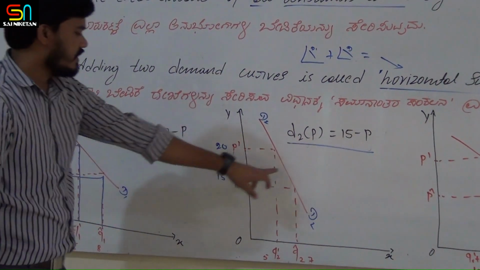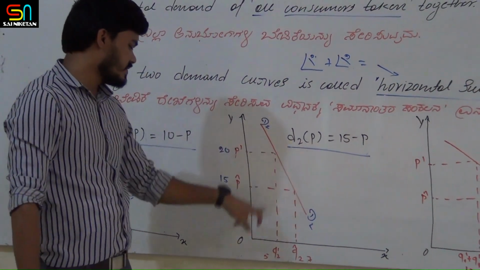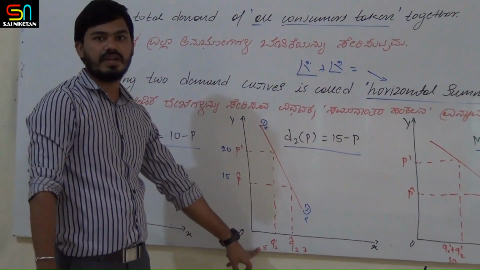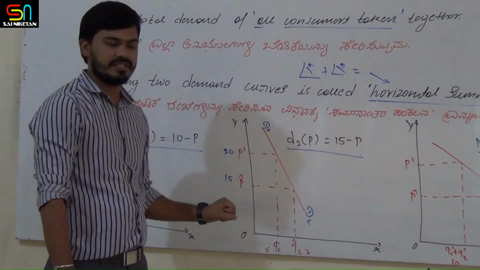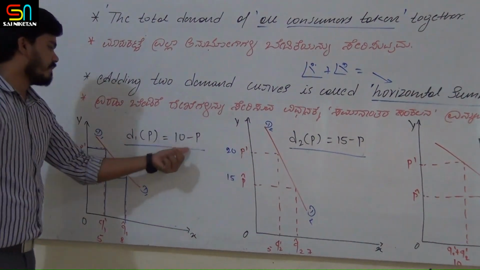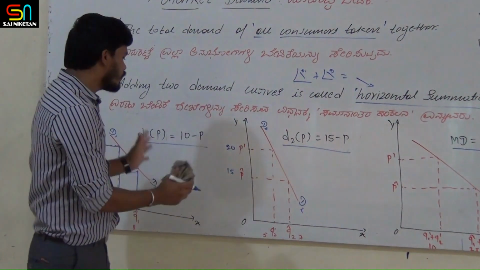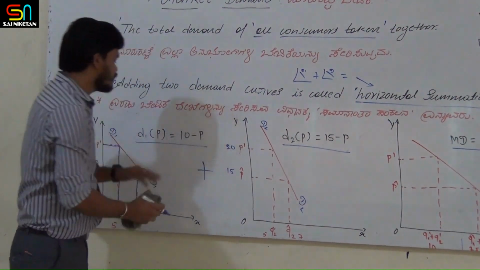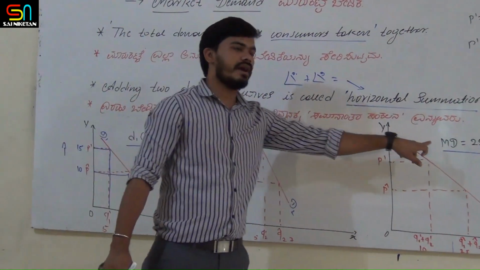For 15 rupees he is able to buy 7 bananas, but at 20 rupees he is able to buy only 5 bananas, because when the prices increase, obviously his quantity demanded reduces. That is the second individual demand. It means he prefers 10, but the other prefers 15. From individual demand curve 1 and individual demand curve 2 we will get the market demand curve.